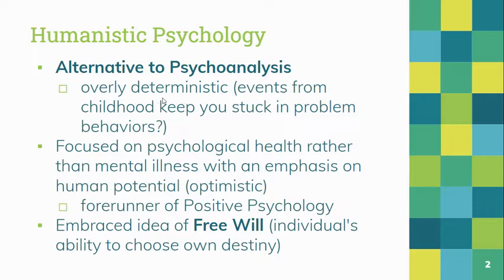Deterministic means that your behaviors are determined by things outside of your control, like these urges, like the unconscious mind, like these things you don't really have access to, things from your childhood that then keep you stuck in problems as an adult. Humanistic psychologists say that that's overly deterministic, meaning that it's taking away too much of your power.